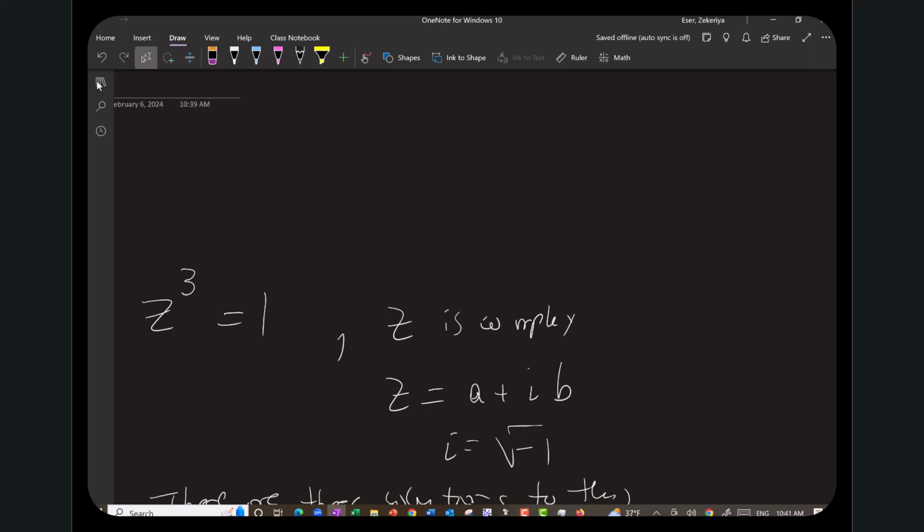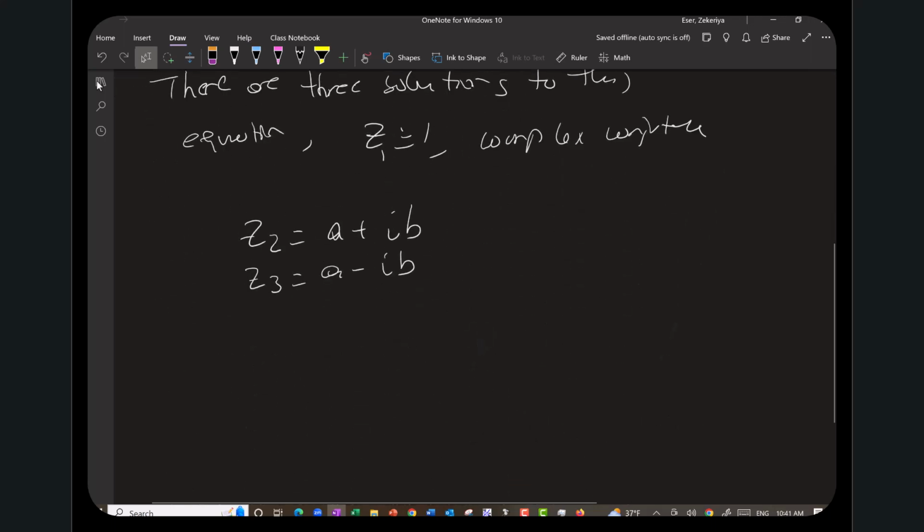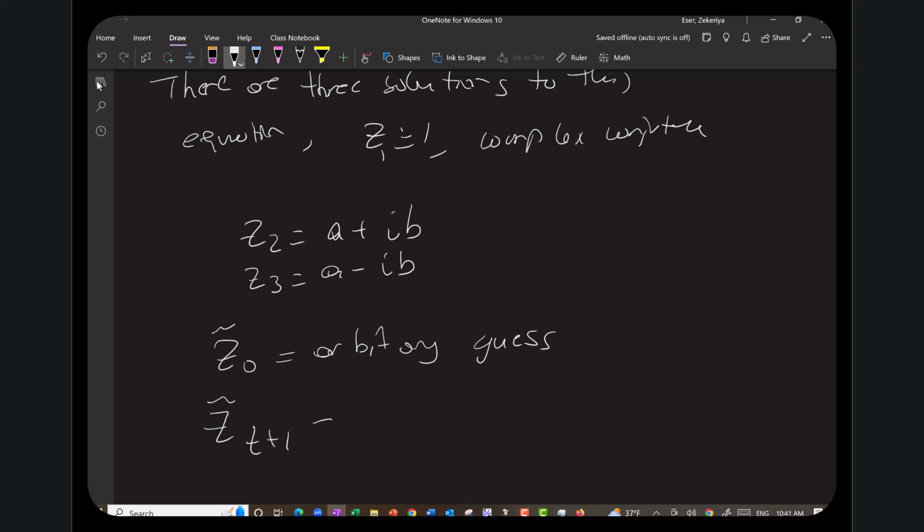You start with an arbitrary guess. So let z0 be an arbitrary guess. Then z tilde t plus 1.